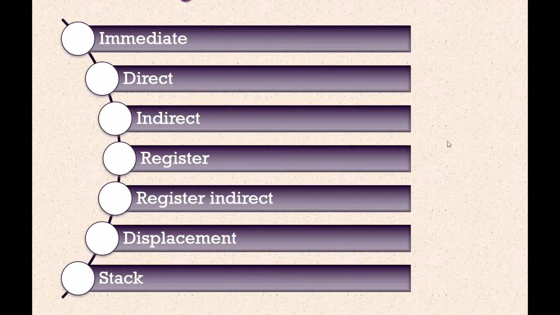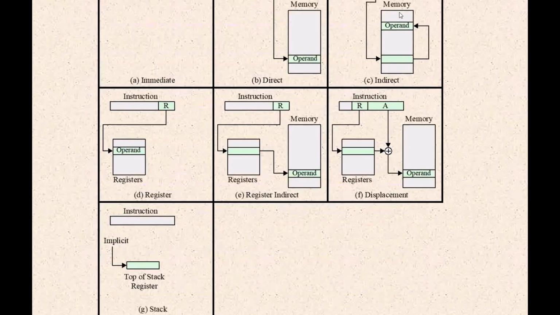There is a simple diagram with which we try to understand. The first one is immediate addressing, the second one is direct addressing, the third one is indirect addressing, the fourth one is register, and the fifth one is register indirect, and then displacement, and then stack.